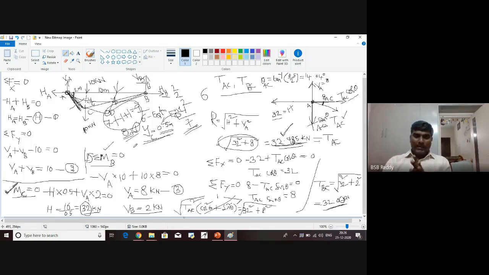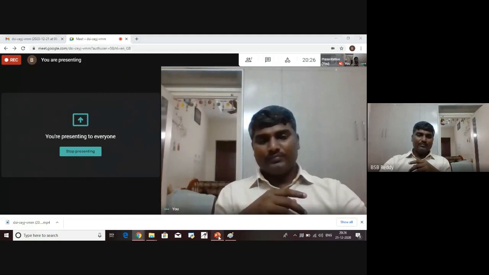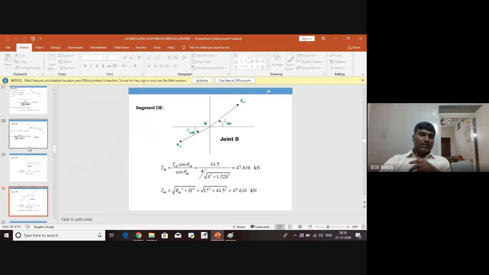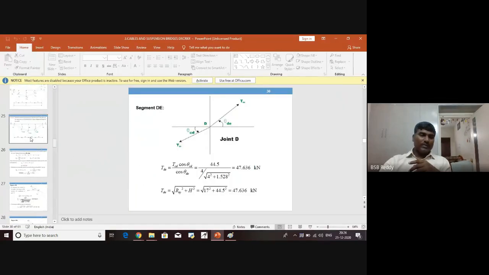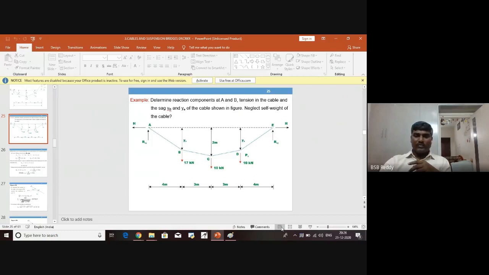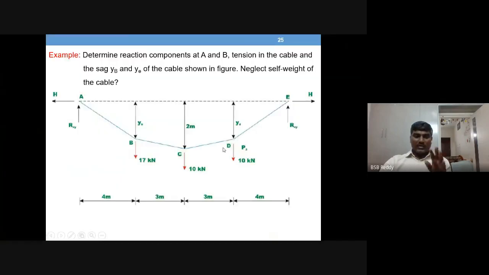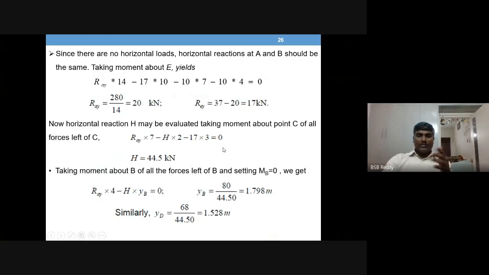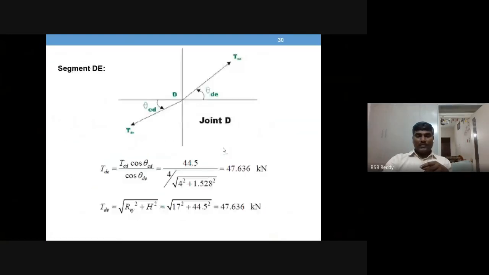Okay. So practice the solution with this example, and also the earlier example that we have solved. Let me show you that also. So earlier we have taken this example for solving. So practice this one. We have solved this completely, right?